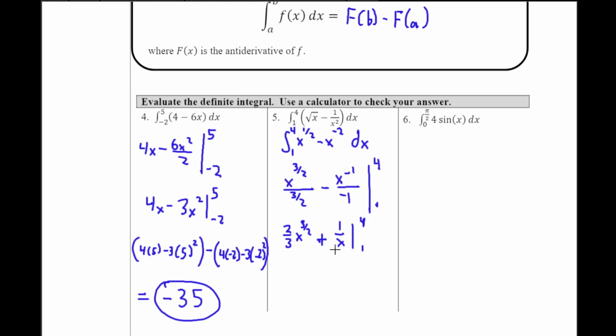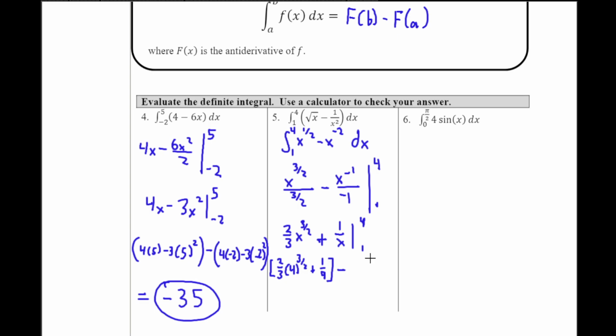Now we can plug the 4 in, and then subtract, plugging in the 1. So we have a square bracket, 2/3 times 4 to the 3/2 plus 1/4. That's a 4, not a 9.